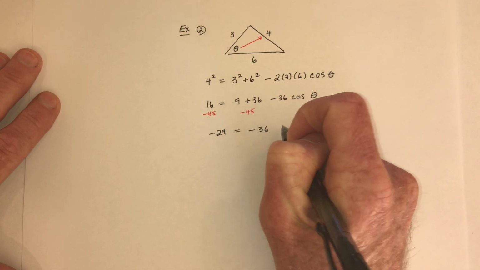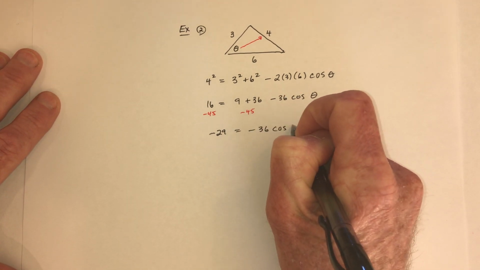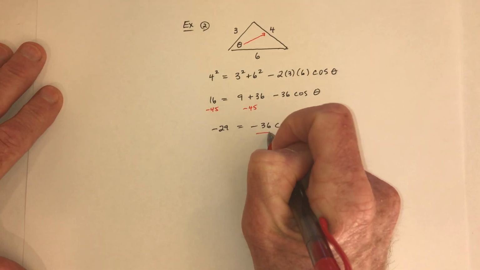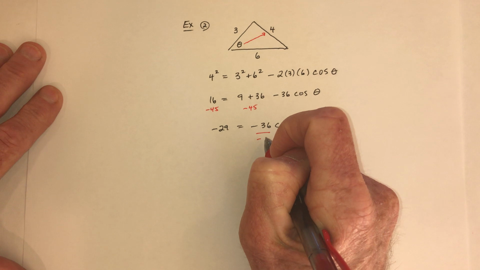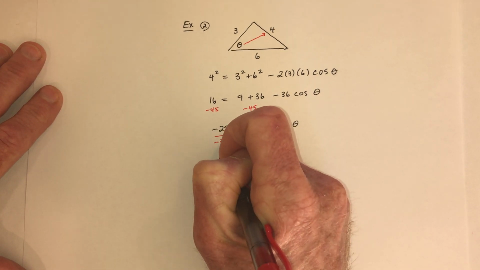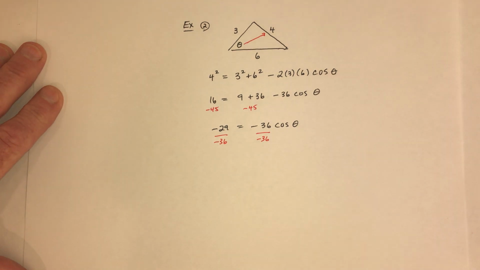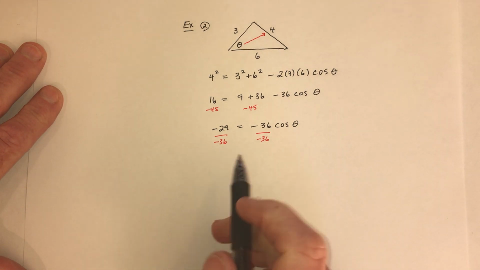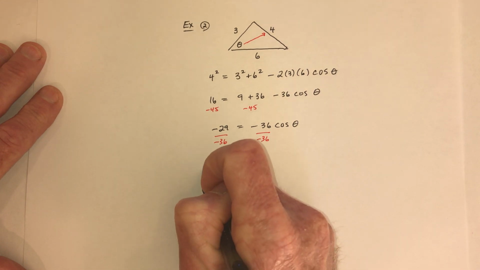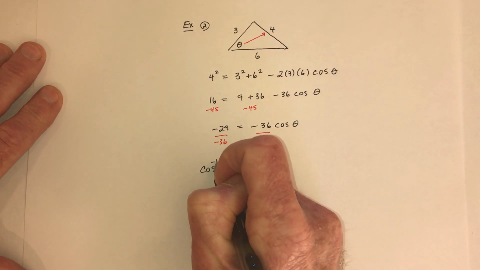And then we only have 2 more steps. One is to isolate the cosine, divide both sides by negative 36. And then these negatives will cancel. Then the last thing to do is take cosine inverse of both sides.